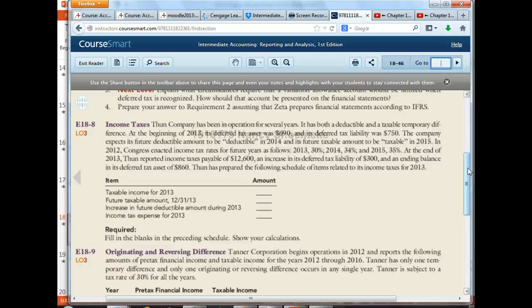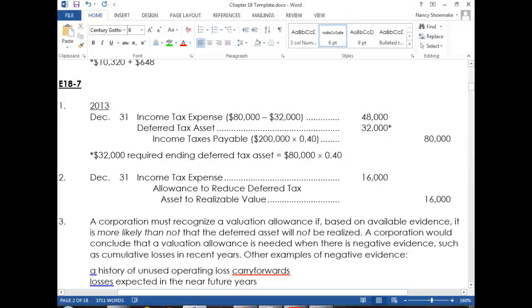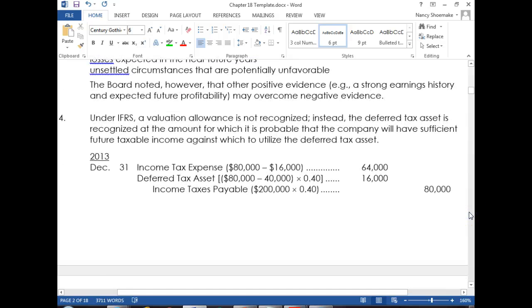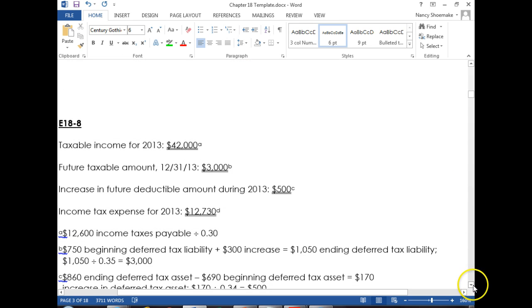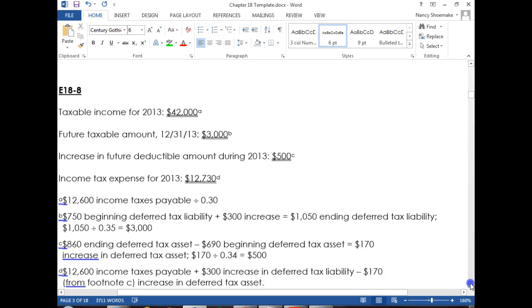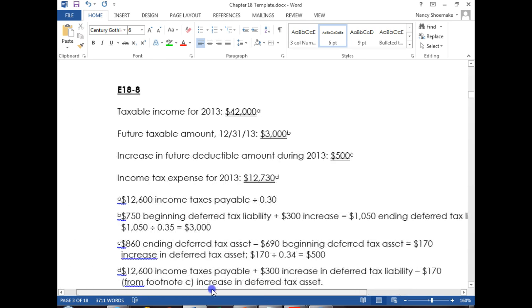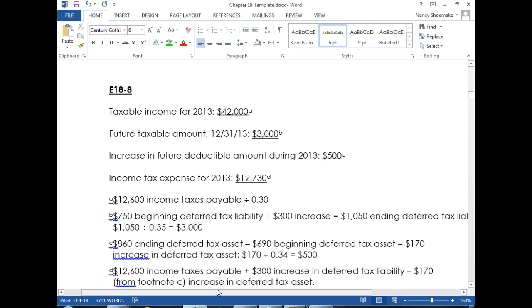So what's going to be our taxable income for 2013, guys? Let's look here. Our taxable income for 2013, it told us what they were paying in income taxes, right? Did it give us that information?